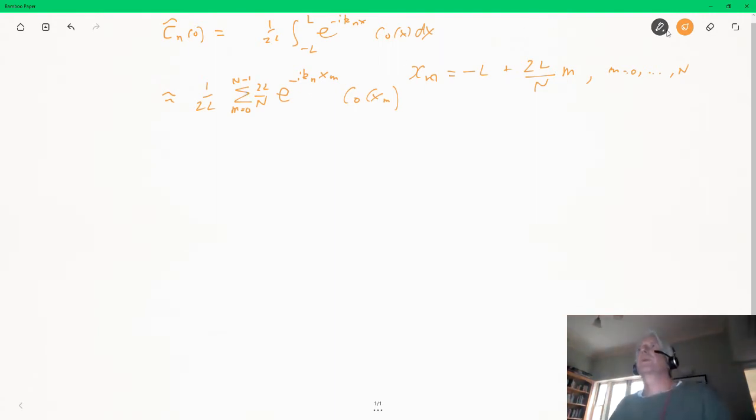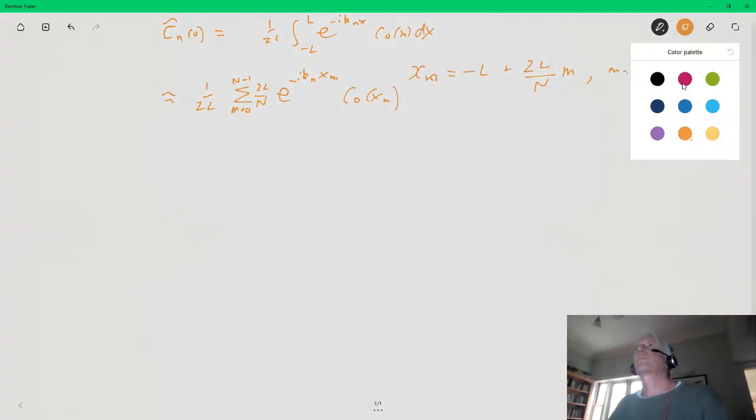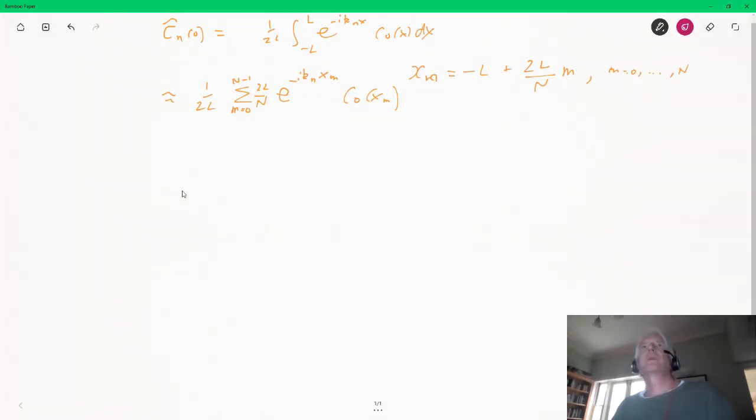Okay, brilliant. Now C naught of xm is a vector, a discrete set of points. So we've gone to something that takes a vector and maps it to another vector, in a sense, because we've got the discrete set for kn. Just recall here that kn is equal to n pi over L.